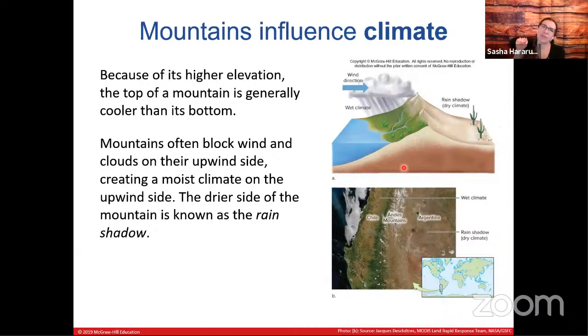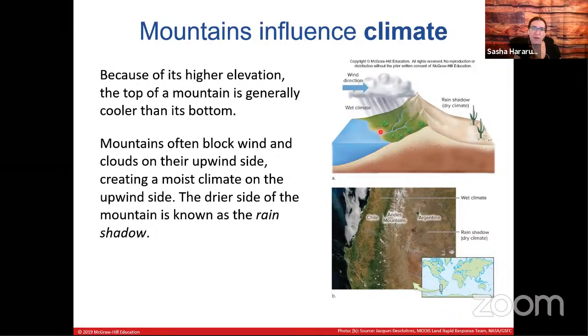I'll move faster then. So another factor that influences climate is elevation, or mountains. As you go up the mountain, and I hope every one of you has done that or will do it in the future, the temperatures become colder. And you often can see how vegetation changes as you go up the mountain.